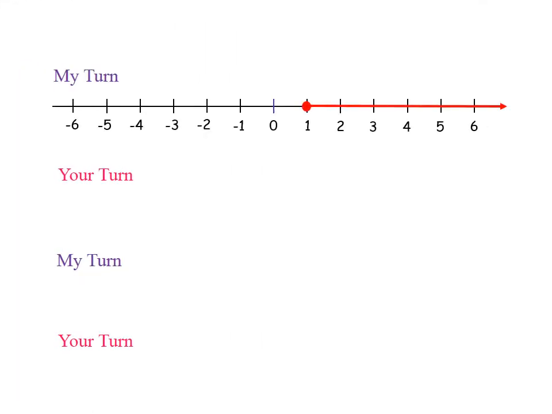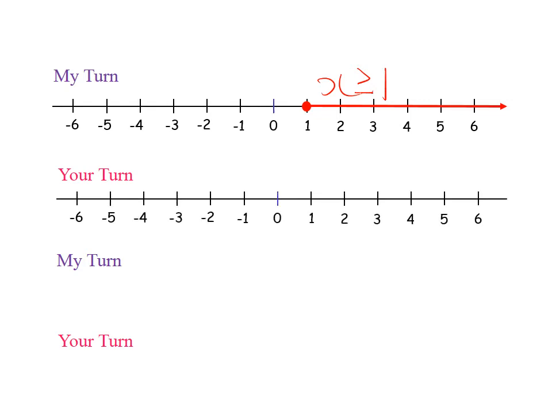Here we've got an inequality represented on a number line. The inequality represented here is x greater than or equal to 1. I know it's greater than or equal to because of the solid dot. What about this one? Have a go. The inequality being represented here is x greater than or equal to -2.